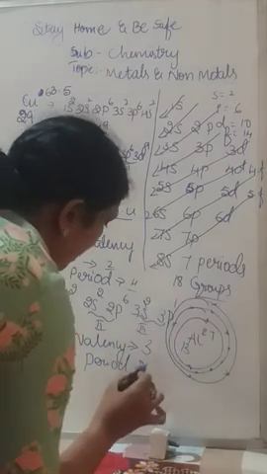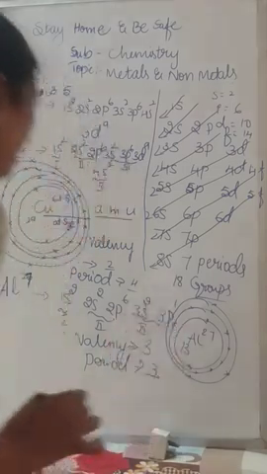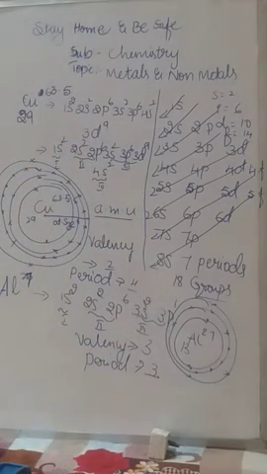What is the last orbit? Third is the last orbit. So that's why the period is 3 also. Here both the valency and the period are 3. If you have any doubts, you can check in the periodic table whether aluminium comes in the third period or not. So this is about writing the electronic configuration and everything.